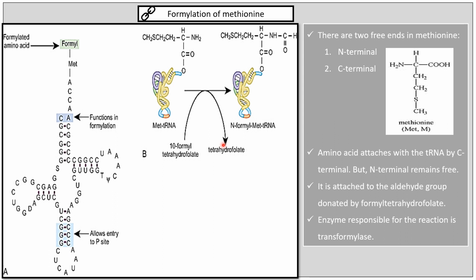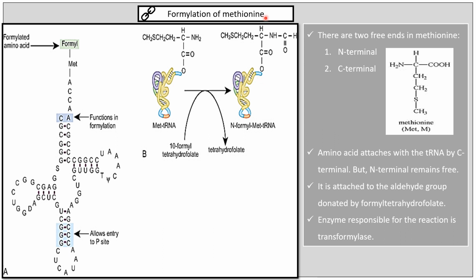This is true for only prokaryotic cell. Formylation of methionine occurs only in case of prokaryotic cell. Okay, so now this initiator tRNA is attached with the formylated methionine, and this is needed for the tagging purpose also, because it indicates that yes, this is the initiating amino acid or this is the start amino acid.